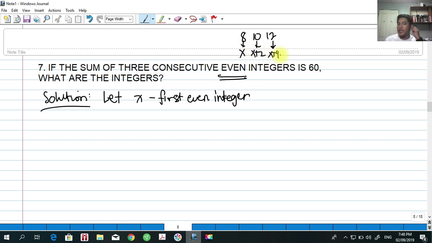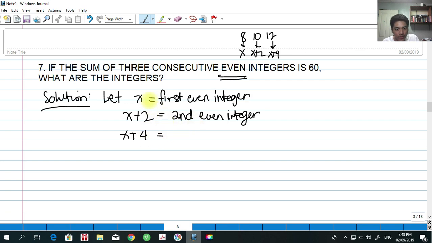So that is basically the difference. We can let x plus 2 as the second even integer, and we can let x plus 4 as the third even integer.